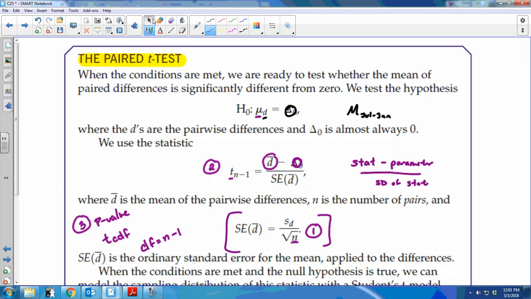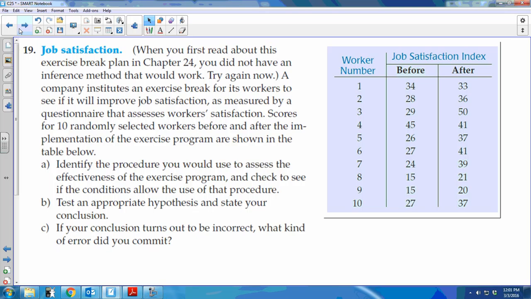All right, then I've got one example. So in chapter 24, I brought this example up and we talked about why we couldn't do it. This job satisfaction index situation. A company institutes an exercise break for its workers to see if it will improve job satisfaction, as measured by a questionnaire that assesses worker satisfaction.